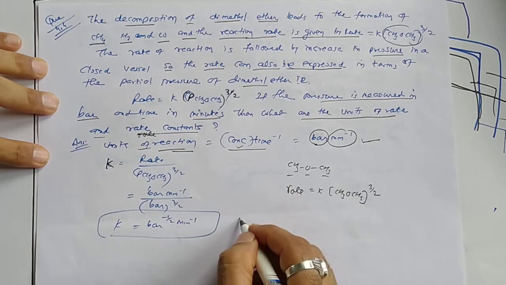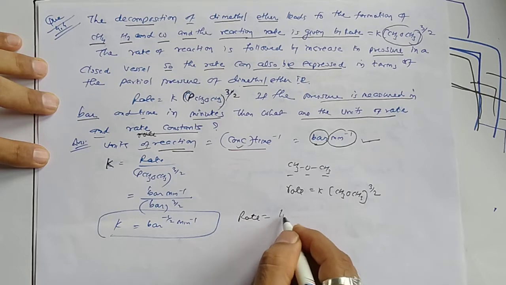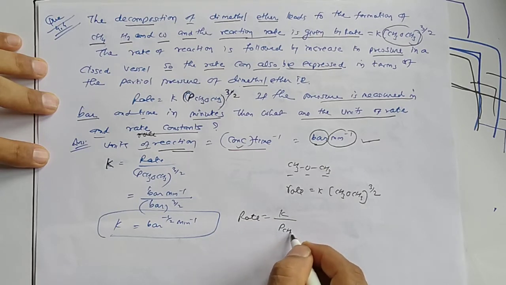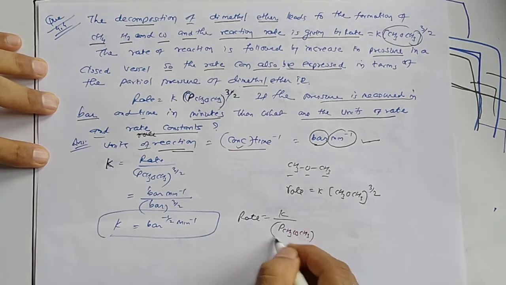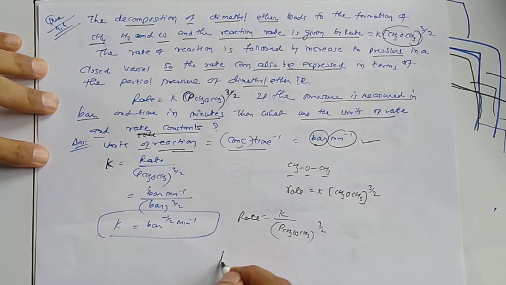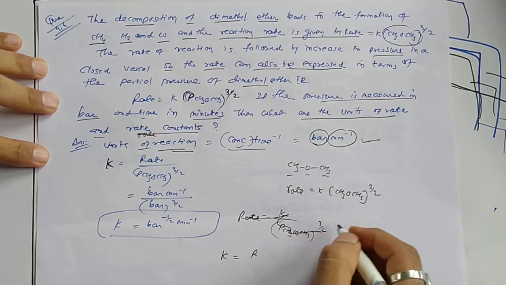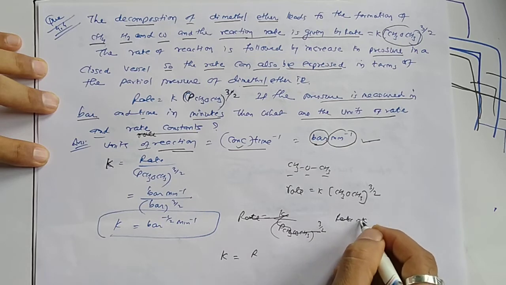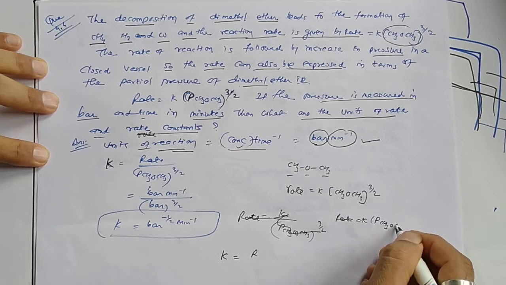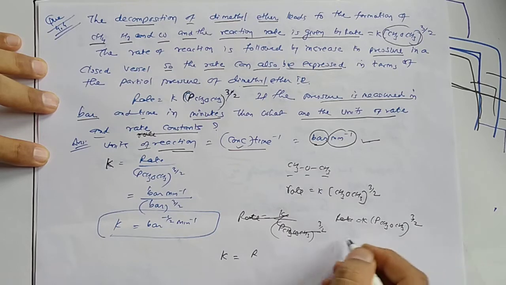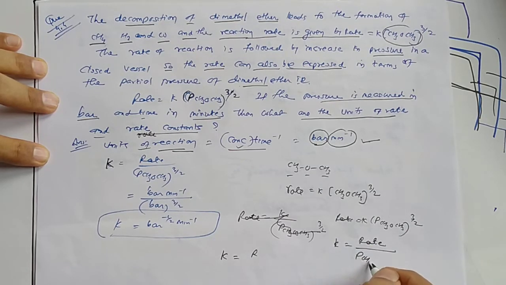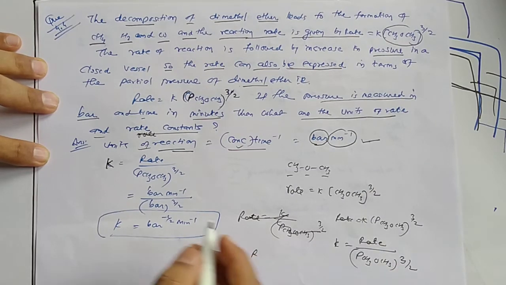From this equation, rate is equal to K into pressure of dimethyl ether raised to 3 by 2. So K will be rate upon pressure of dimethyl ether raised to 3 by 2.